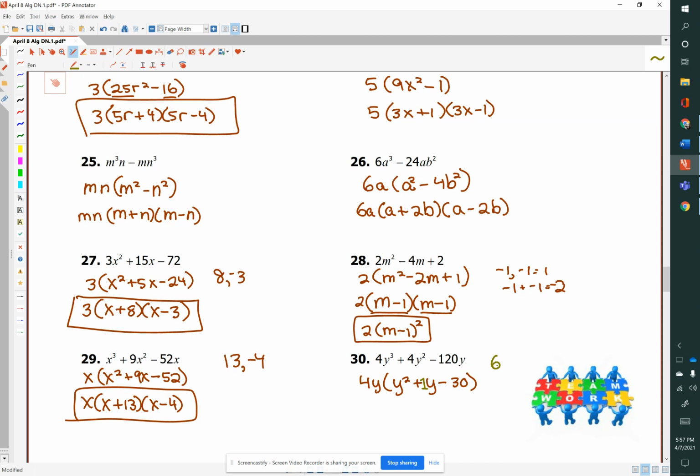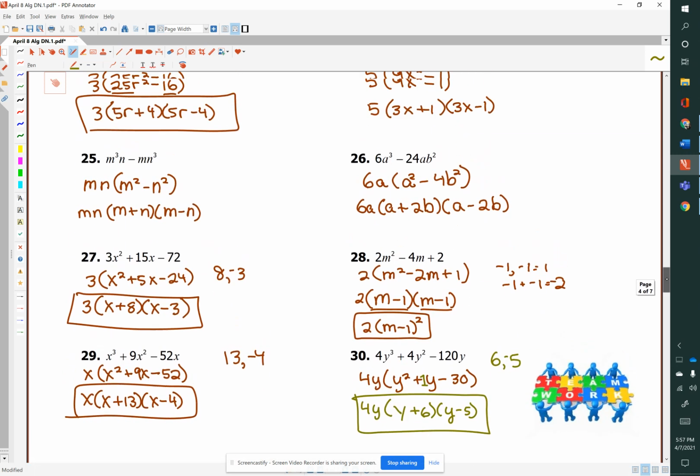That would be 6 and 5, where the 6 would be positive and the 5 would be negative. When we add them, it equals 1. When we multiply them, it equals negative 30. So 4y times y plus 6, y minus 5, and that's our final answer.